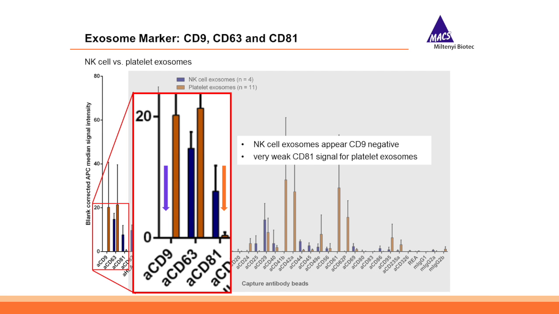We had a closer look at the exosome markers and were quite surprised that we find no CD9 on NK cell exosomes and hardly any CD81 on platelet exosomes. So these appear to be not general exosome markers, but they seem to be distributed differently on different exosomes.